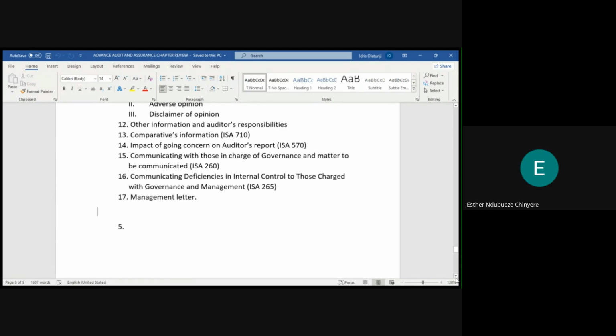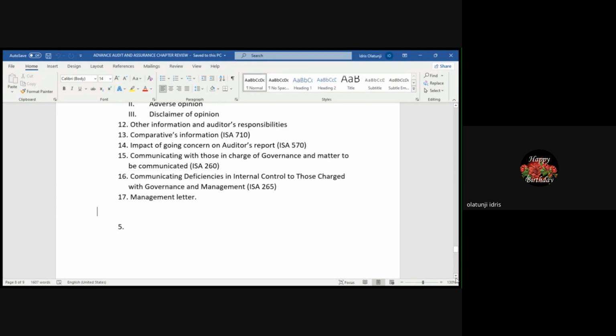Okay, and one more thing, sir. I'm a bit confused about this modified opinion and also this modified audit report. What is the difference? It's the same thing. Modified audit opinion and modified audit report are the same thing. It means that you are giving me an opinion that there is significant misstatement in the financial statement. That is why you modify it or you qualify it.